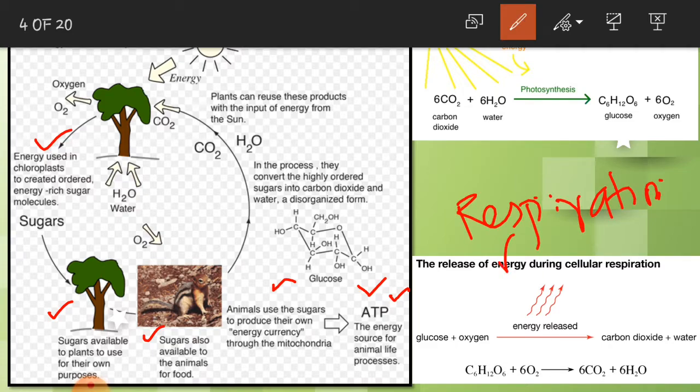So in respiration, the glucose combines with oxygen to form carbon dioxide and water along with the release of energy in the form of ATP. Now these living organisms use this energy to carry out different life processes.